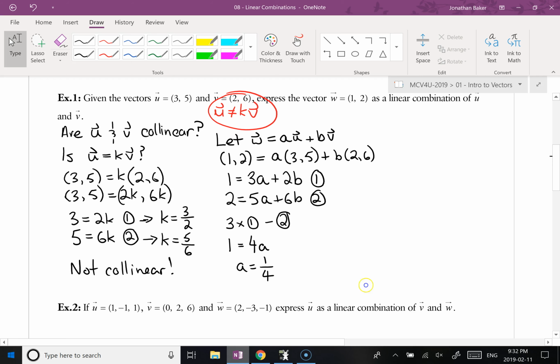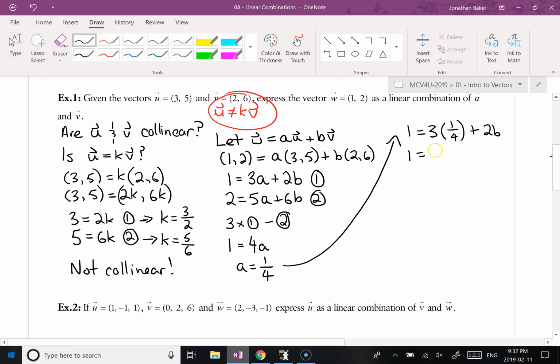All right, let's use this to figure out b. Well, we know that 1 is equal to 3 times a, which we know is 1/4, plus 2b. So that was equation 1 that we just used.